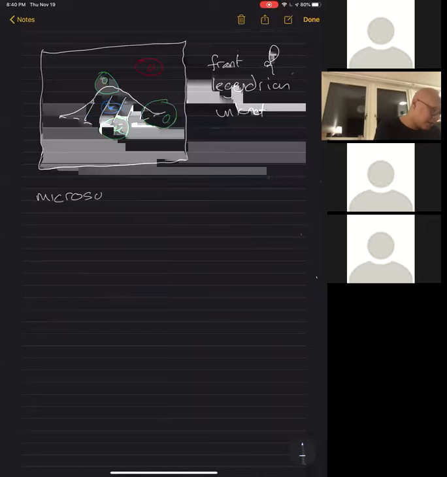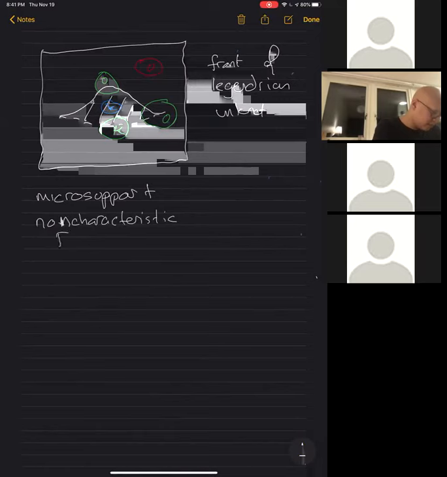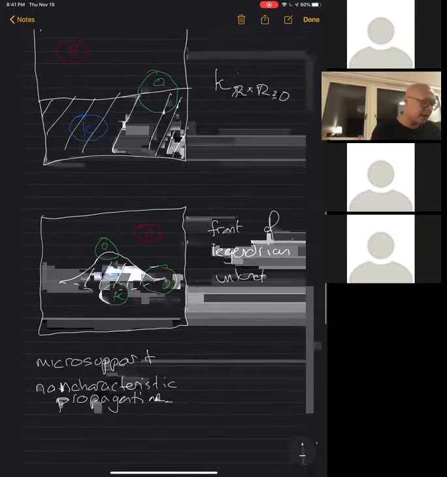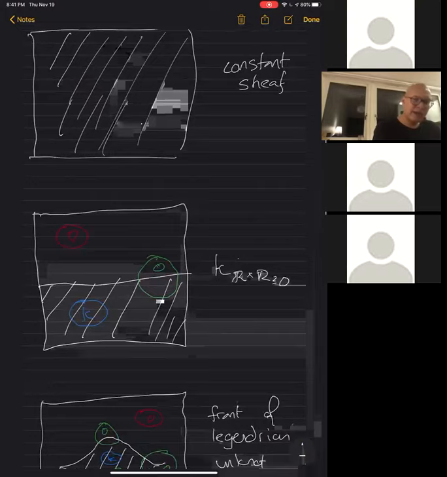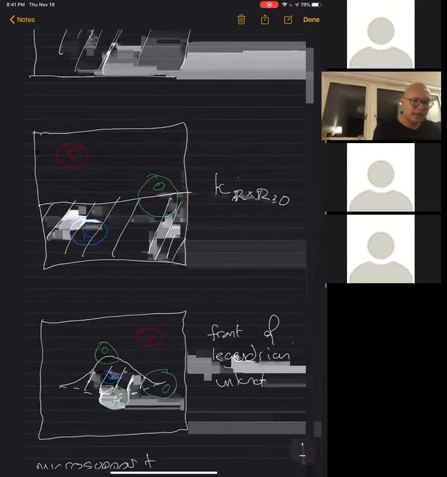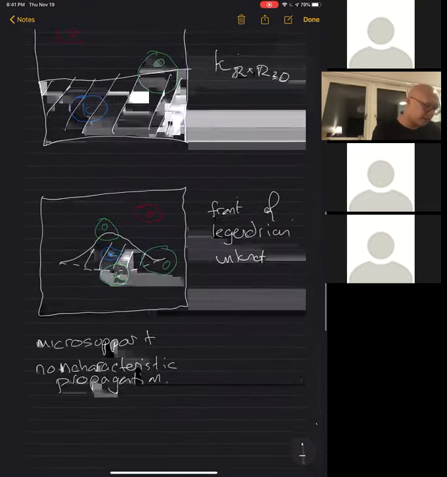One is called the microsupport, and the related notion is called non-characteristic propagation. So let me explain to you what these things are, and then we'll come back to these examples and I'll explain how to easily compute those sections.